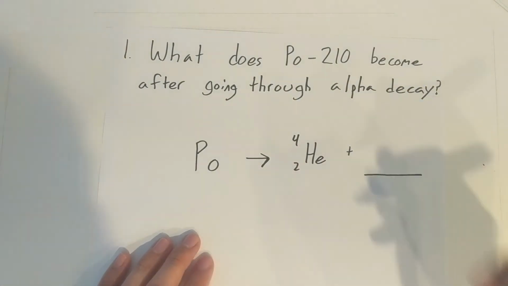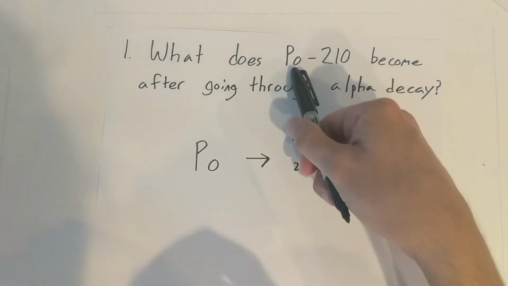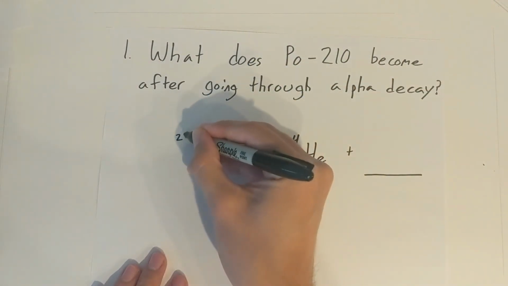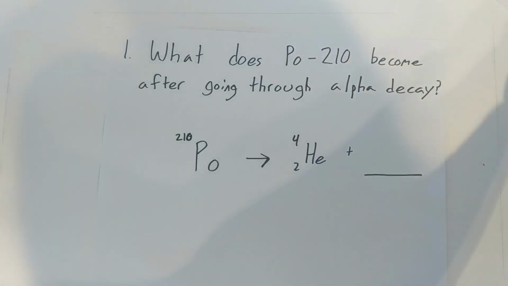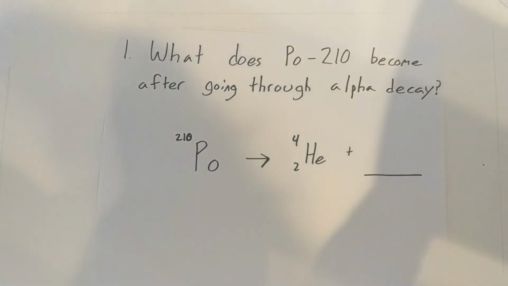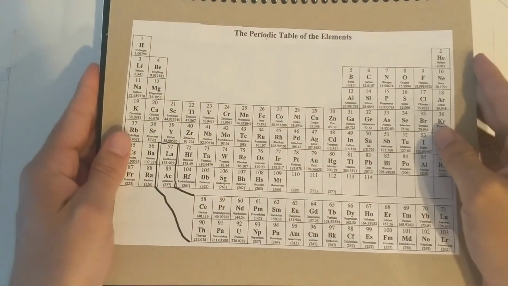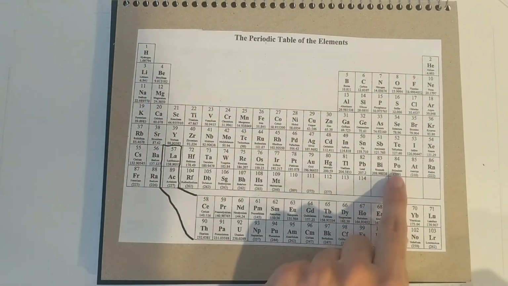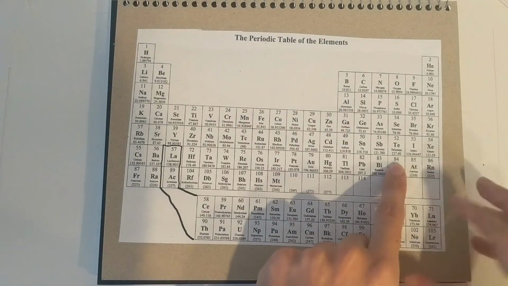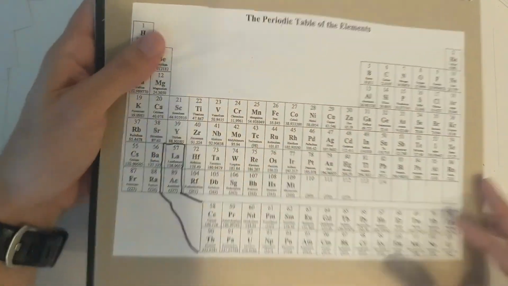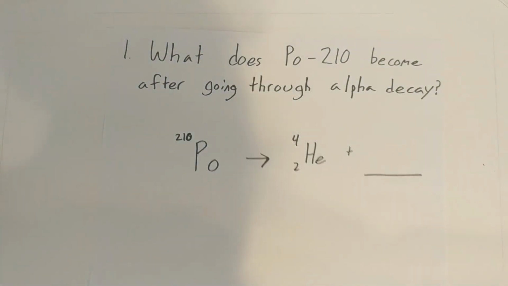So we're trying to figure out what this element is here. When we say polonium-210, we know the mass is 210. And now we have to figure out what the atomic number of polonium is. This is, again, where you're going to have to bust out your periodic table. Look for polonium, and you can see it has an atomic number of 84.